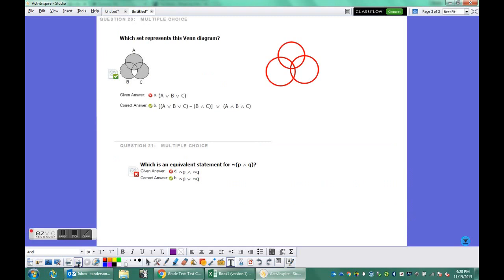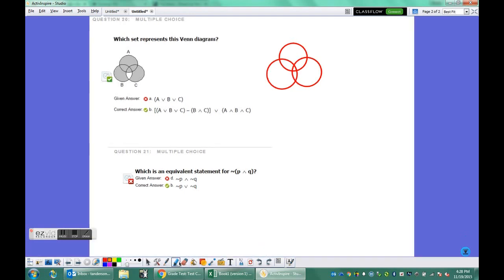For the next one, I did credit your test on this one because the original question had this symbol here mixed up. Okay, but I'm going to go ahead and explain it as well because it is usually a difficult one to look at.